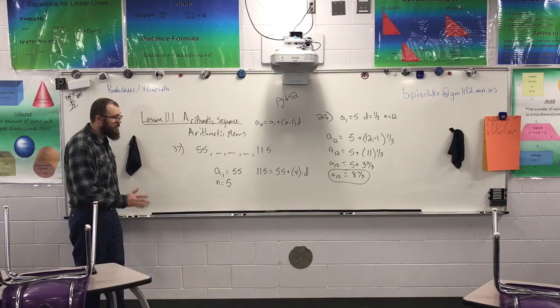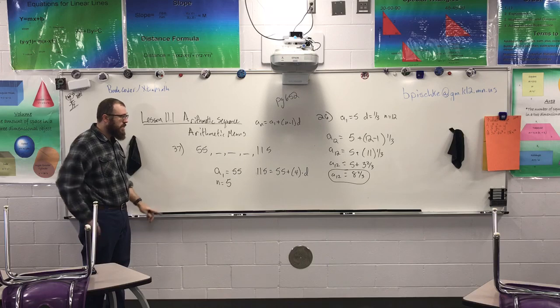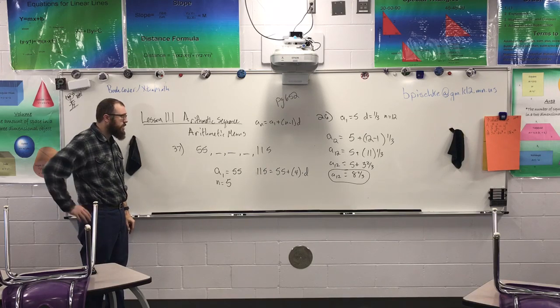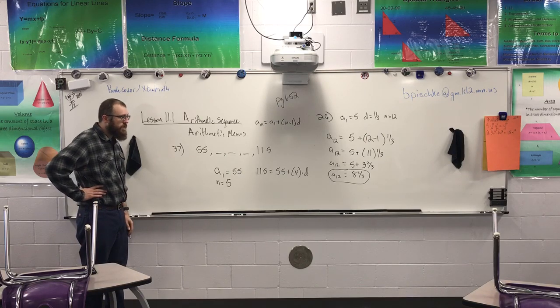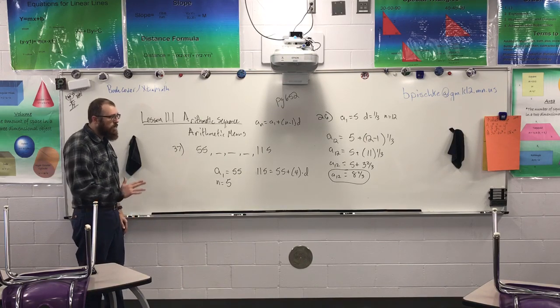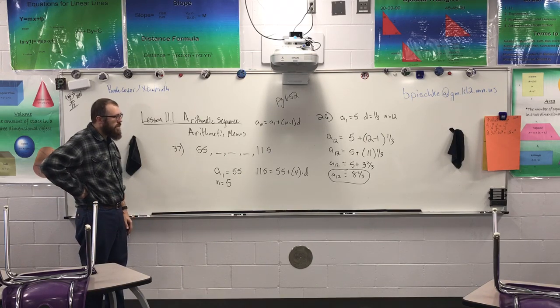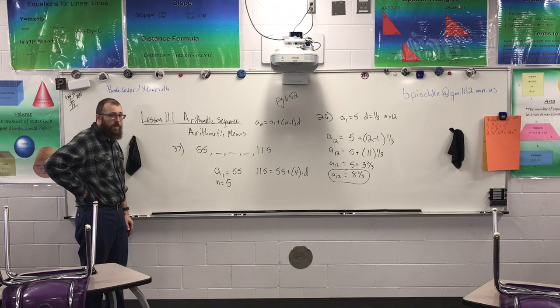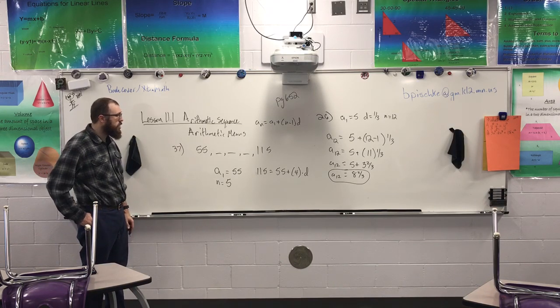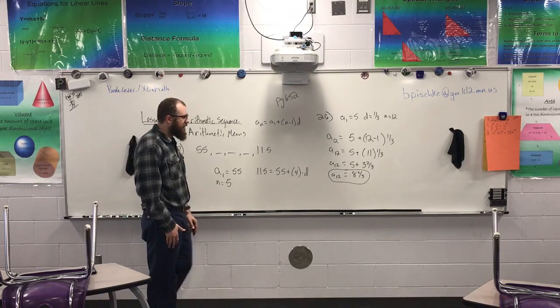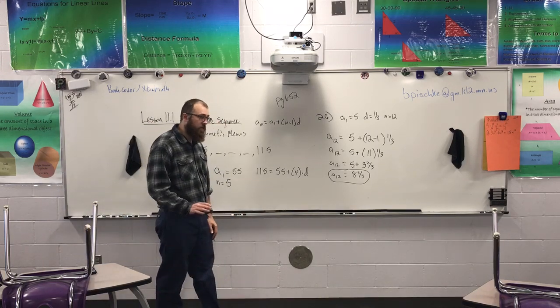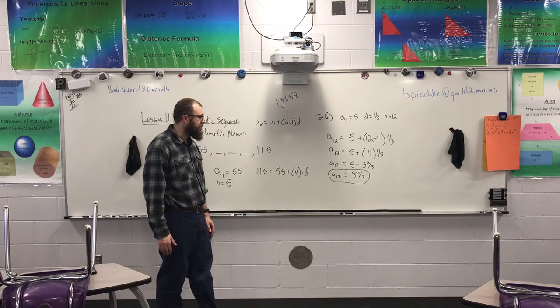I'll step back and let people write for just a second. Make sure you have time to fill this in. Be really careful when you do this math. That 4 is multiplied to the D. It has to be moved away properly. And I know you guys can do that, just don't leap into something like trying to add the 55 and the 4 before you move it back across.